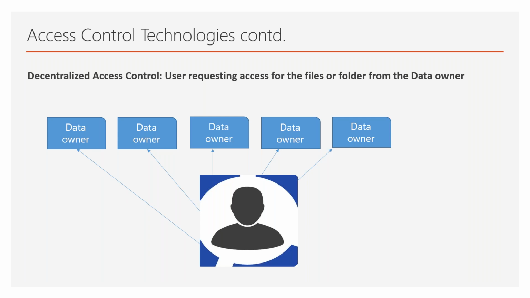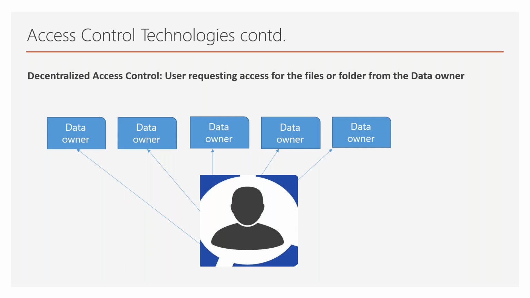If a user wants access to files and folders, the user has to request access from each data owner. This is a simple example of decentralized access control. Your workgroup environment and your Google Drive are decentralized access control. What is the biggest concern with decentralized?